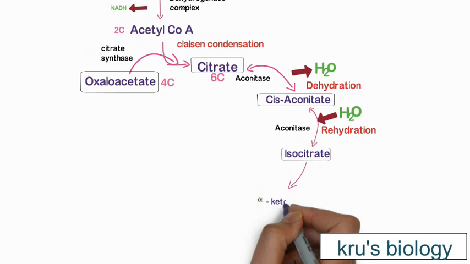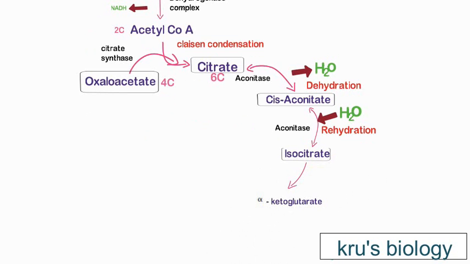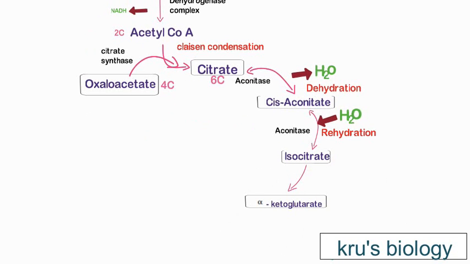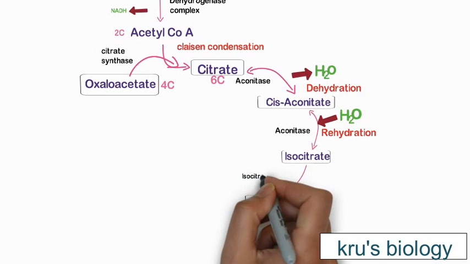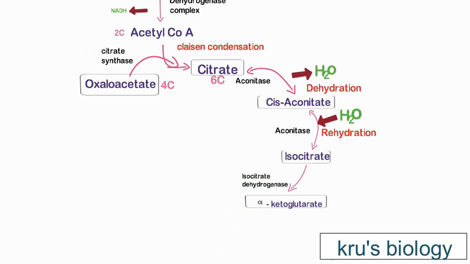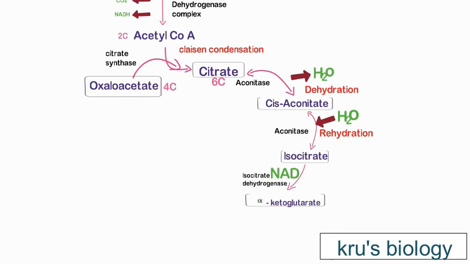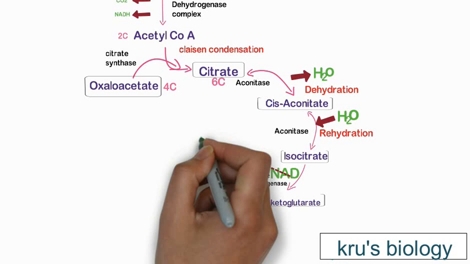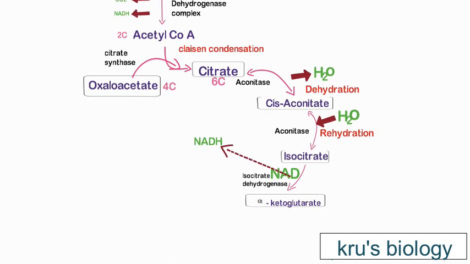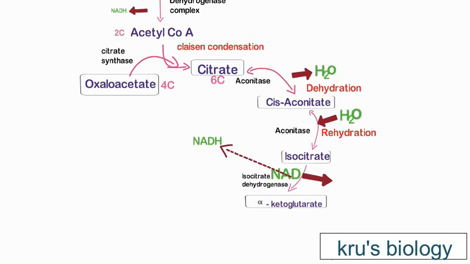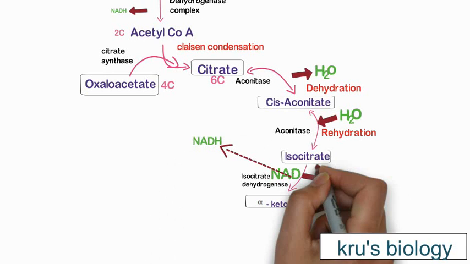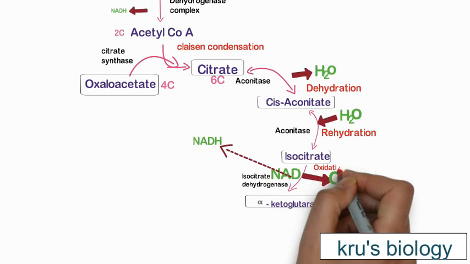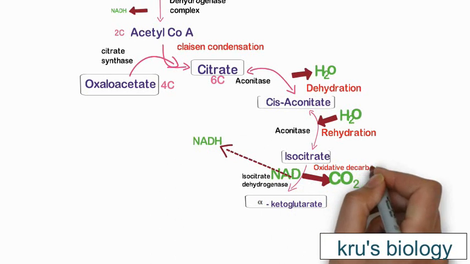Then isocitrate is converted into alpha ketoglutarate via the enzyme called isocitrate dehydrogenase. It converts NAD into NADH. It also releases a CO2 molecule. This process is called oxidative decarboxylation.